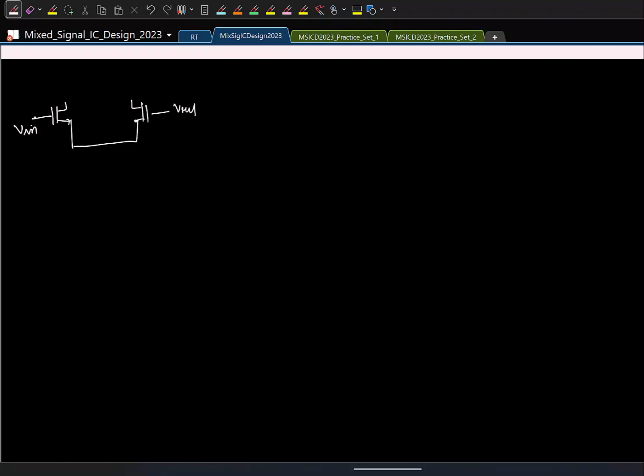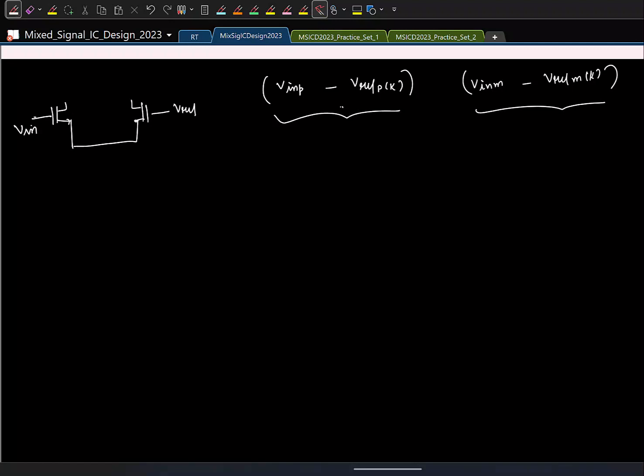But in the fully differential case, we have V in P and similarly V in M. You have to take the difference with the plus reference for the kth and the minus reference for the kth thing, and these have to be fed to the comparator. So one input must be this, the other input must be this, and we saw how we can generate these also.